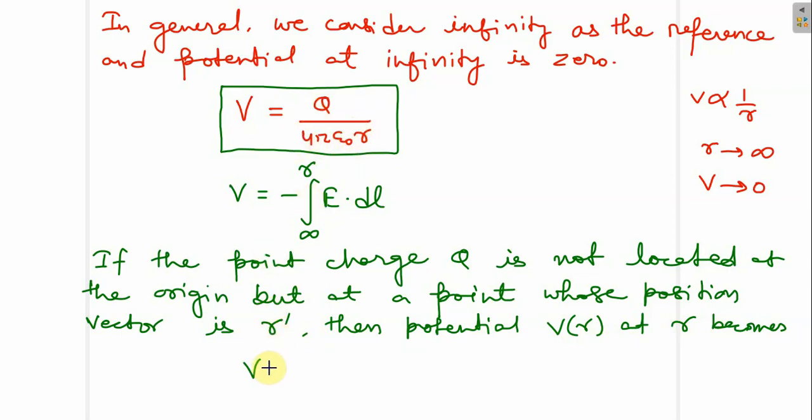And if it is not located at the origin but at some other point whose position vector is r dash, then what will be the value of V? The formula would be the same, but there will be some change: 4 pi epsilon 0, and this r will be r minus r dash. In this way we will represent this V of r.